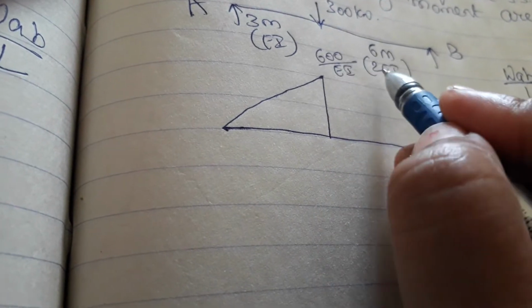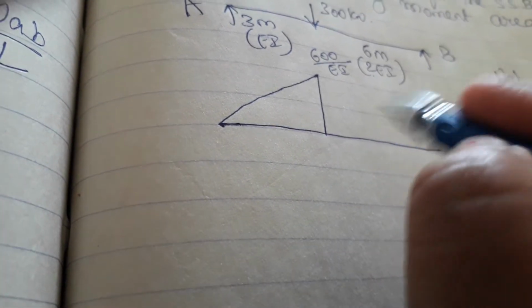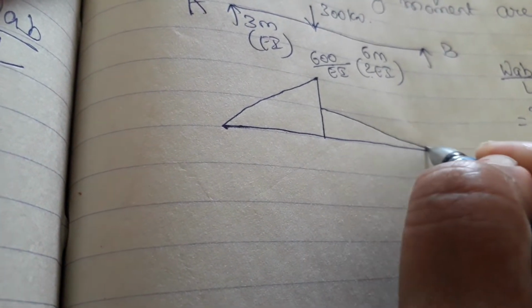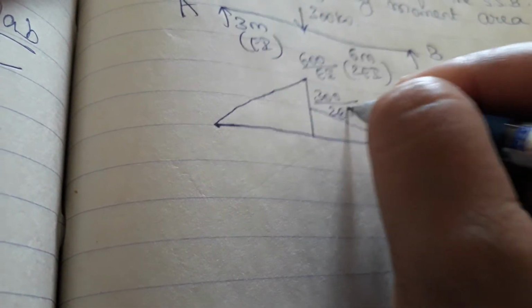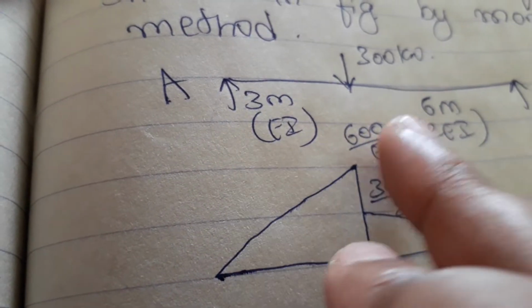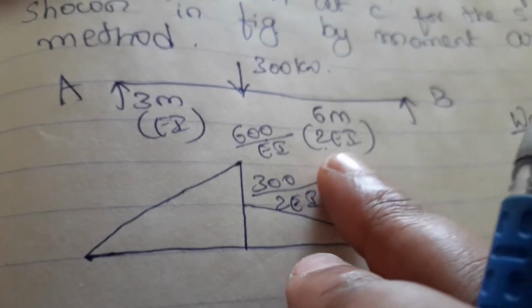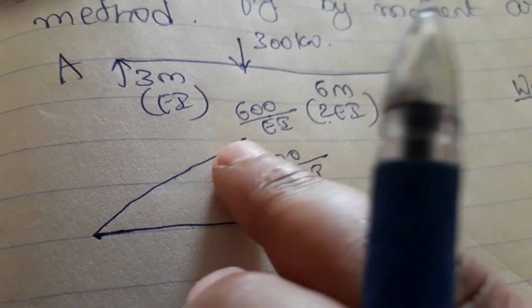When this 600 is divided by 2 EI, it will be 300. So this is how you get a bending moment diagram. You get 600. Here EI is 1 EI, so 600 by 1 EI. Here it is 2 EI, so 600 by 2 EI will be equal to 300 by EI.